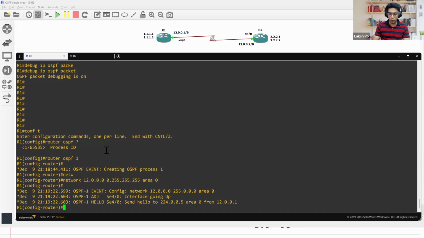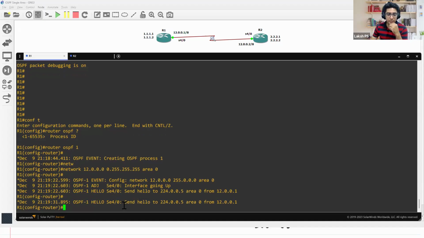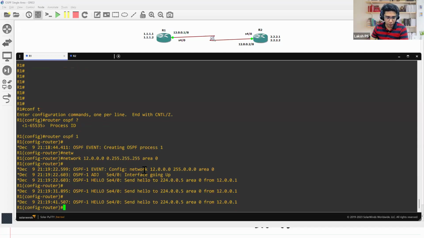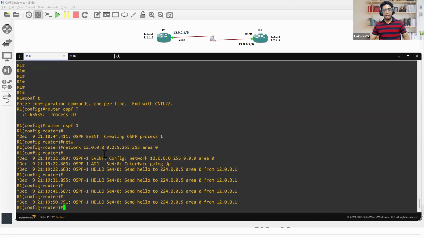But before we go on R2, let's see what has happened. We can see some OSPF events. It says a network was configured with 12.0.0.0 and the address mask is 255. So what is happening with the wildcard mask?